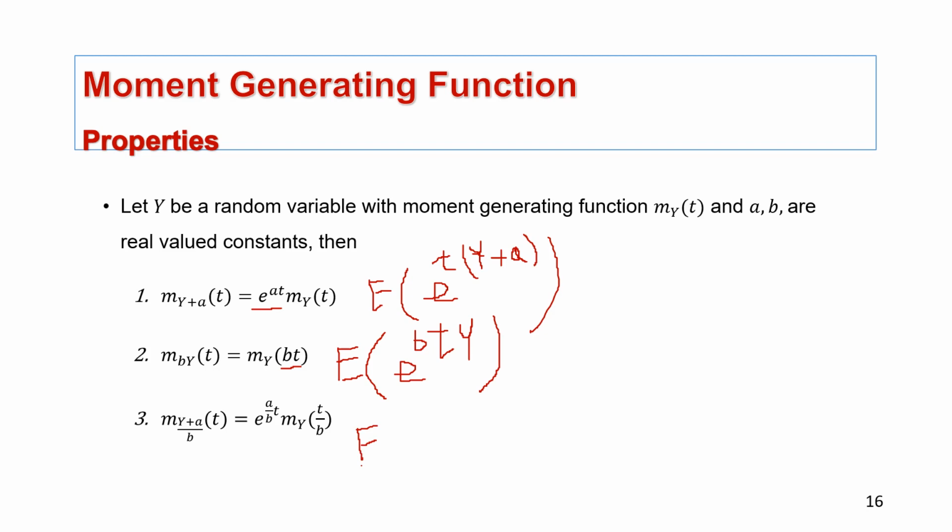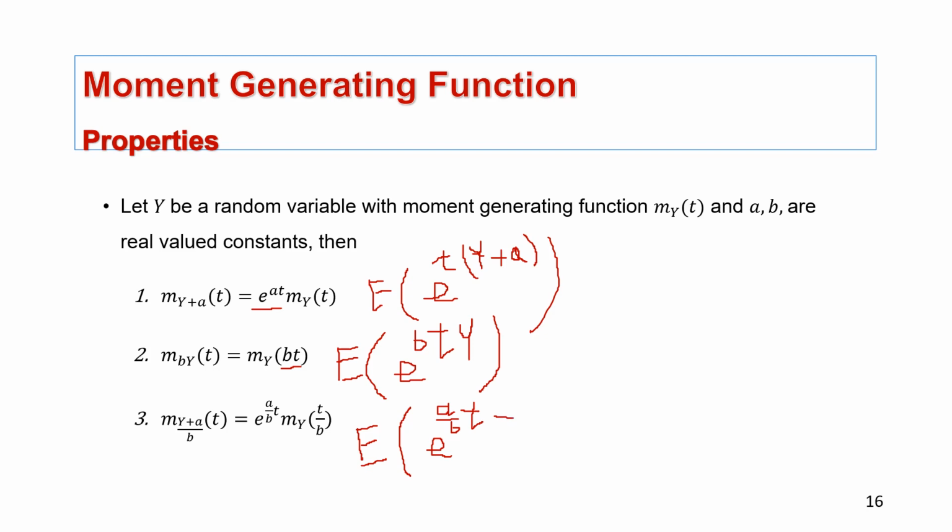Here, the moment generating function of y plus a over b is the expected value of e to the power a over b t, because here we will multiply y plus a over b times t.